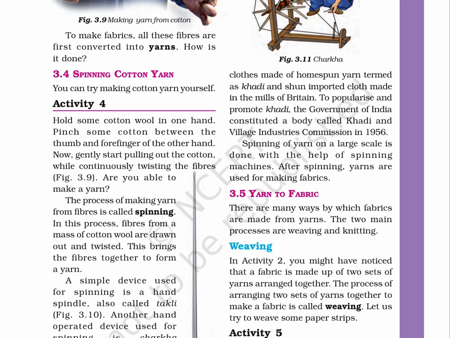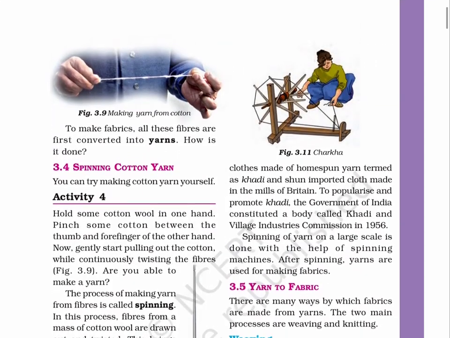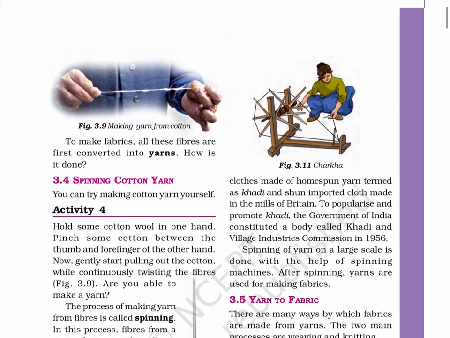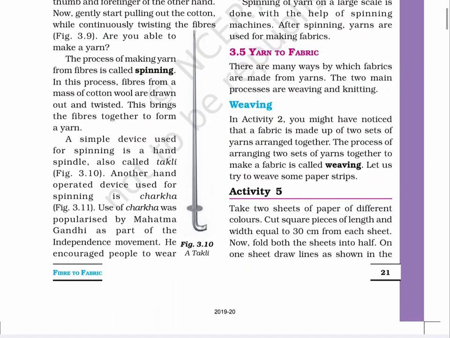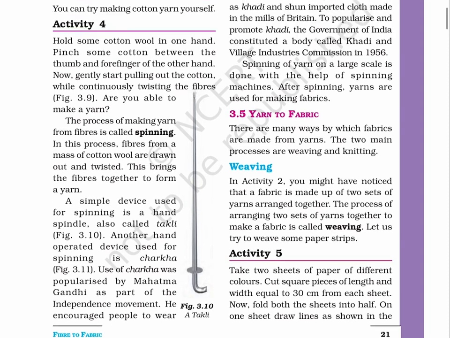Spinning of yarn on a large scale is done with the help of spinning machines. After spinning, yarns are used for making fabrics. Figure 3.9 shows making yarn from cotton. Figure 3.10 shows a tuckli. Figure 3.11 shows charkha.